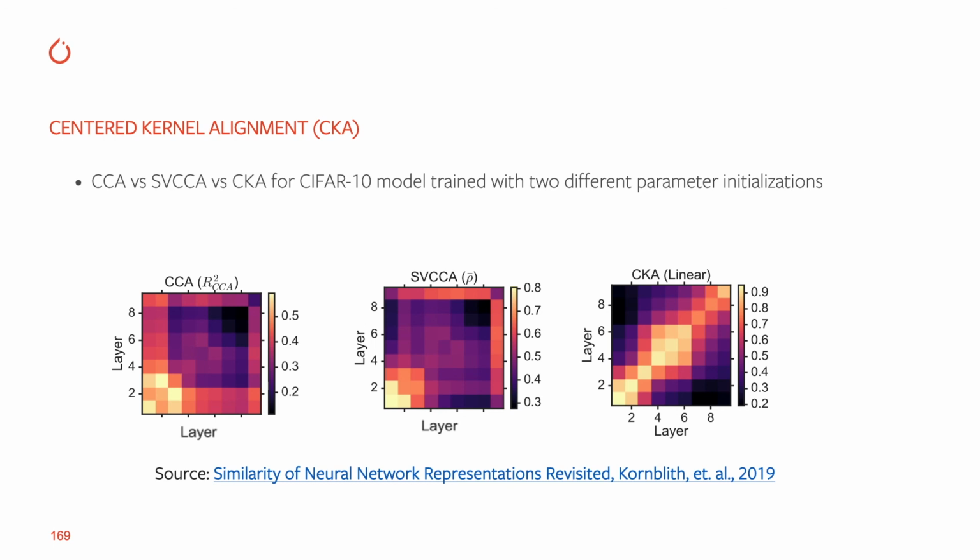We don't see the same diagonal pattern with high similarity scores for CCA and SVCCA, but we see that for CKA. Identifying similar layers can potentially help us to better understand what our models learn. It can help us with transfer learning, model pruning, and freezing some of the layers during training, which in its turn can help us to save compute resources.